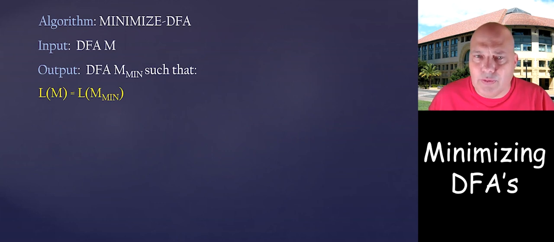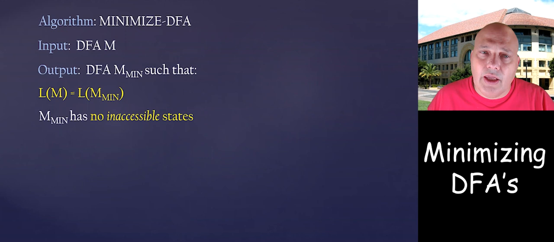First, this is equivalent, so they both recognize the same language. L of M is equal to L of M min. M min has no inaccessible state. So I mentioned that there is one more action we need to do to minimize a DFA. And this is, we can immediately remove every state that we cannot reach from the start state.